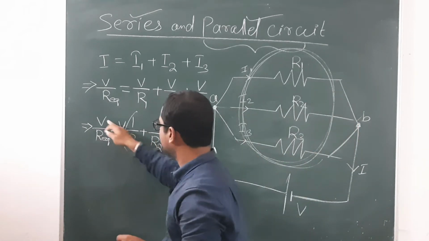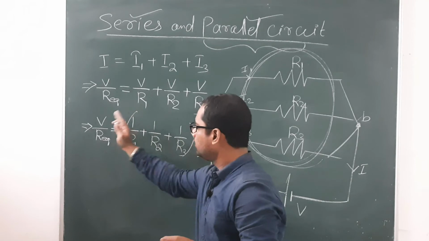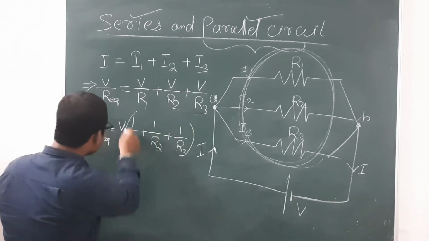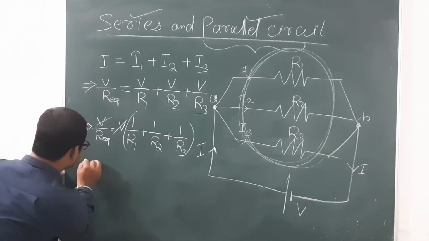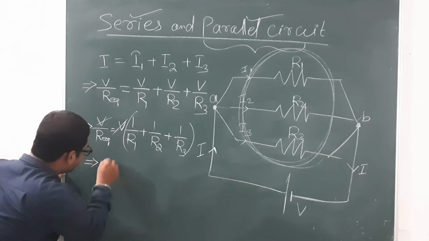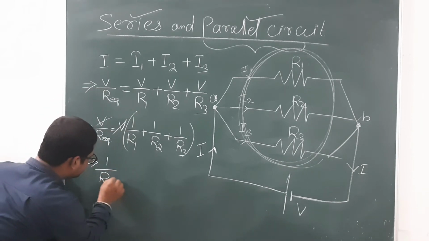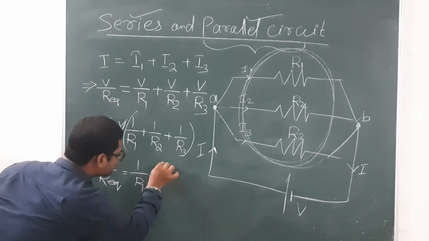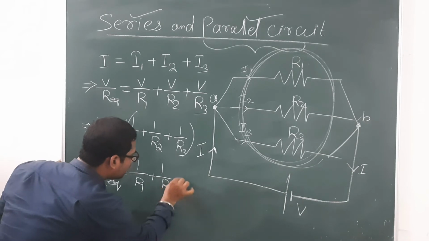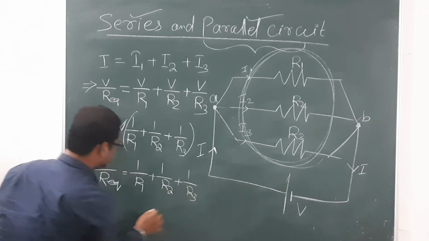Since V is there on both sides, you can now cancel out this V. That implies you can say this will be 1 by R equivalent, which will be 1 by R1 plus 1 by R2 plus 1 by R3.